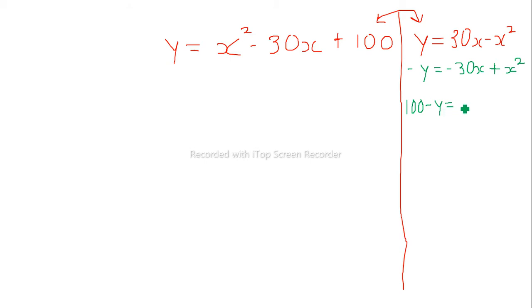So 100 minus y is going to be negative 30x. But remember, we added 100 to this side, so we have to add 100 to this side as well. It's going to be plus x squared plus 100. Sorry, let me do it again. We add 100 to this side, so we must add 100 to this side again. So it's going to be negative 30x plus x squared plus 100.